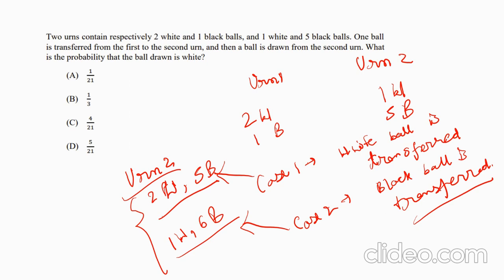So the probability of drawing a white ball from the second urn will be, if we draw the white ball from this urn, 2 by 7, and if we draw it from this urn, it will be 1 by 7. So it's coming as 3 by 7.